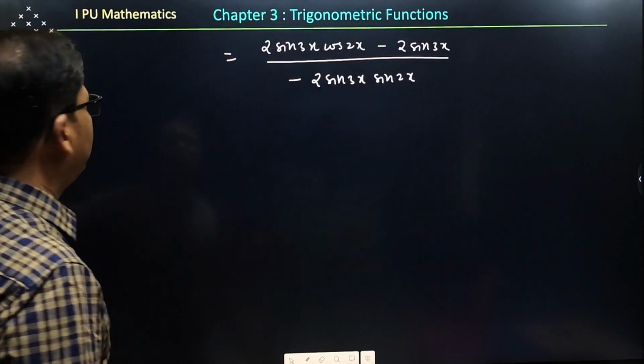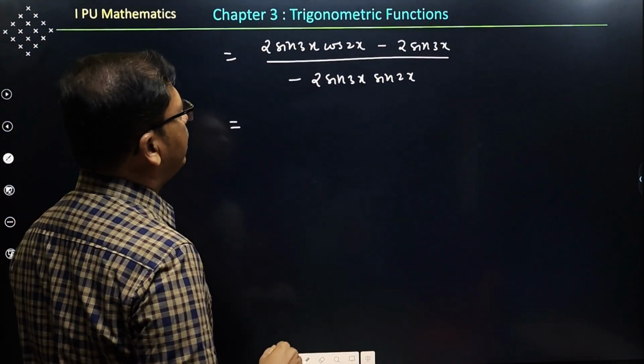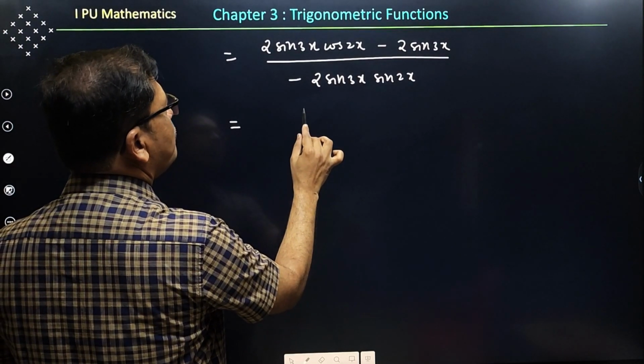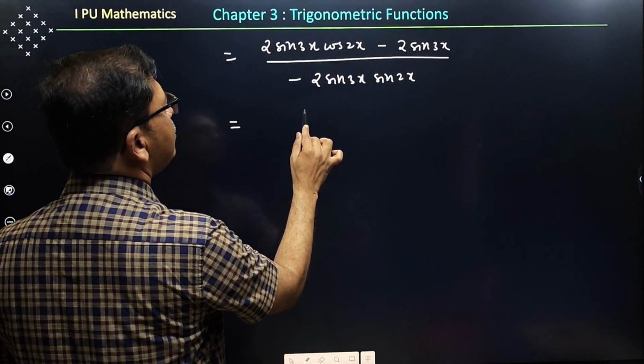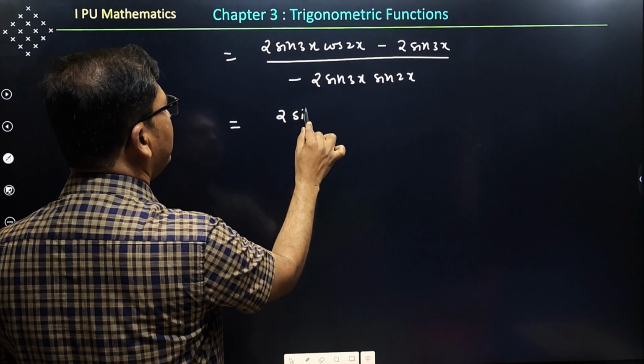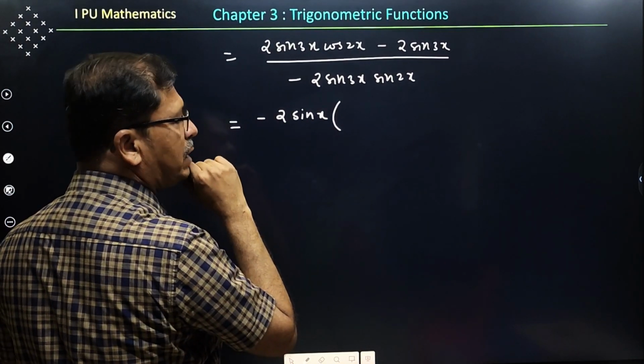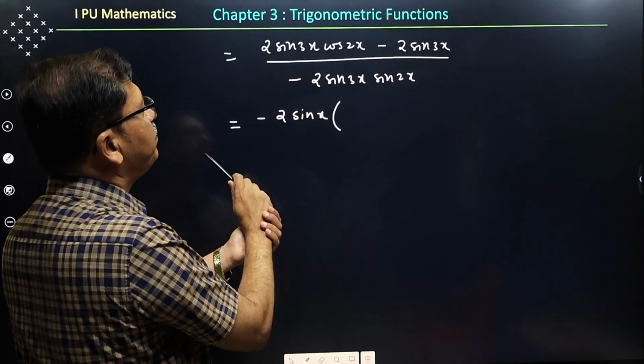Further, what happens? In the numerator, you take 2 sin 3x common. Along with that, you take the negative sign also. If you take minus 2 sin 3x, the terms will be exchanged.